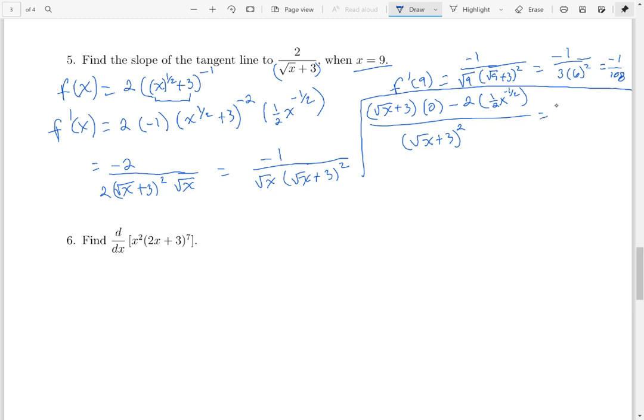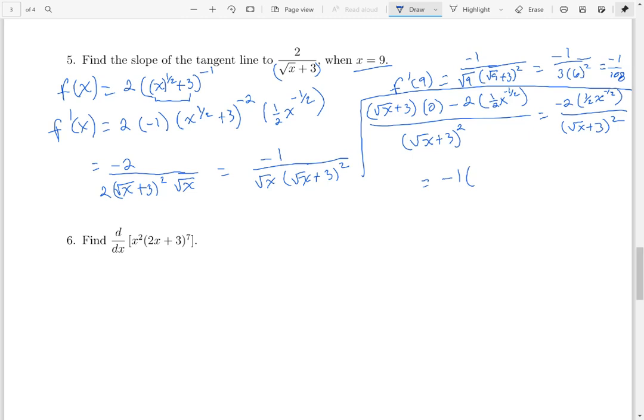Well, that's going to be negative 2 times 1/2 x raised to the negative 1/2, all divided by square root of x plus 3 squared. But at this point, let's confirm we get the exact same answer. That's going to be negative 2 times 1/2 is really negative 1.